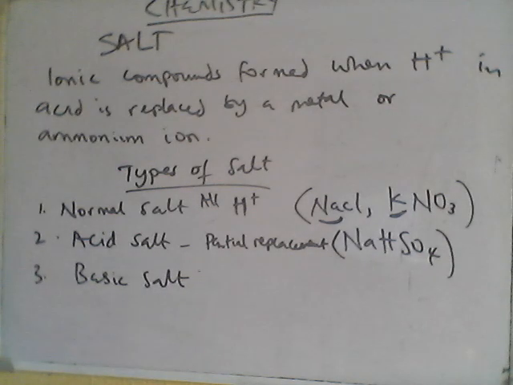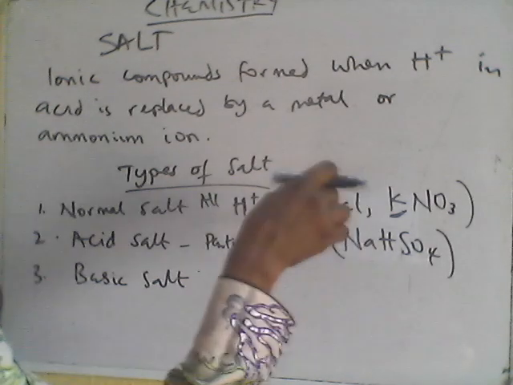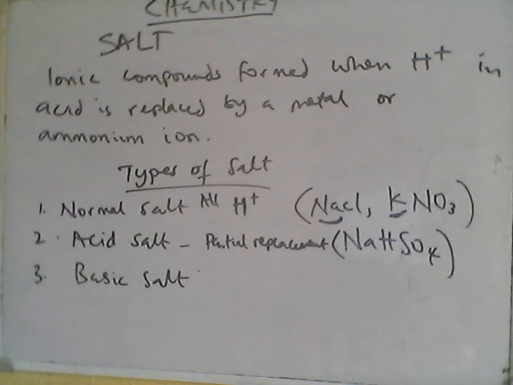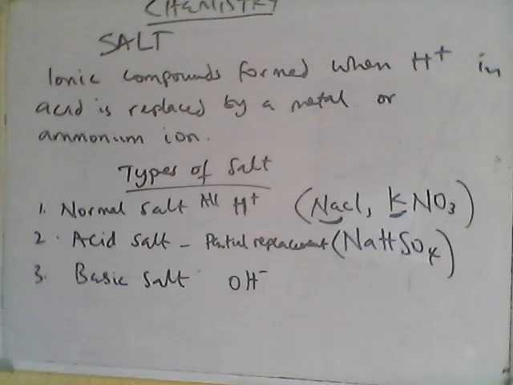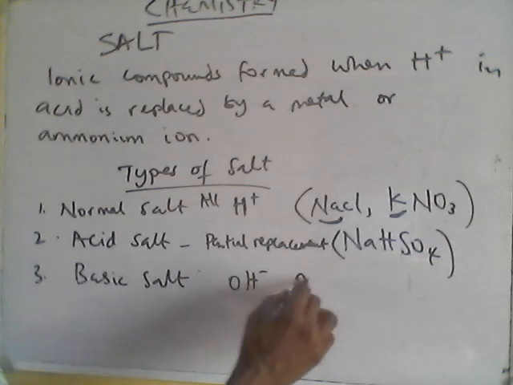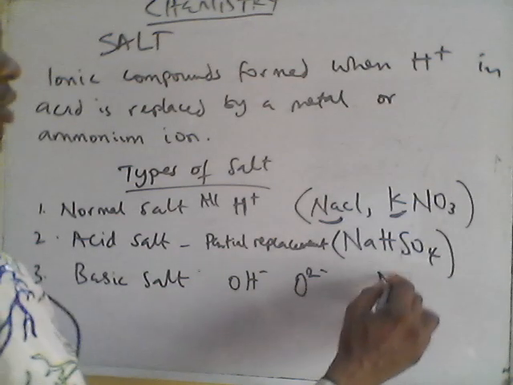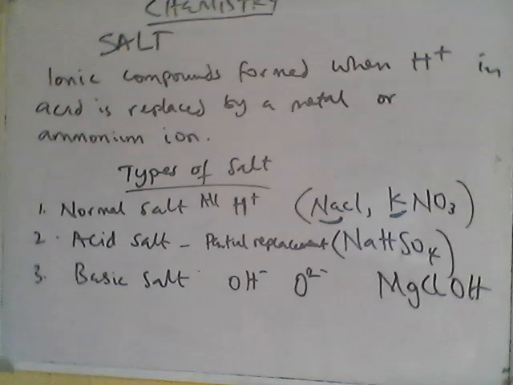But right now, hydrogen present here still makes it a salt, but it's an acidic salt. The hydrogen is the acidic component in that salt. So basic salt contains hydroxyl ion, OH minus, or it contains O2 minus. So an example of basic salt is manganese chloride that has hydroxyl.